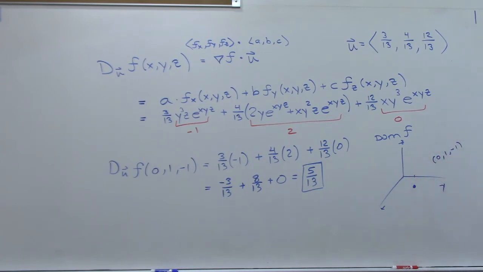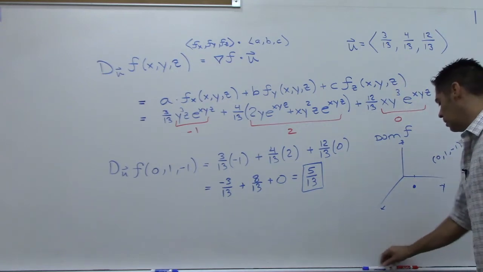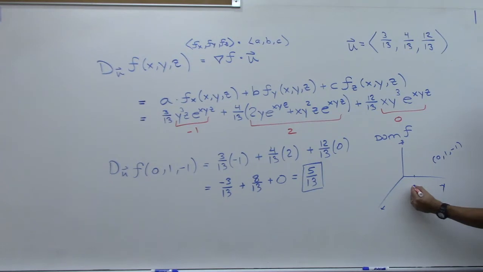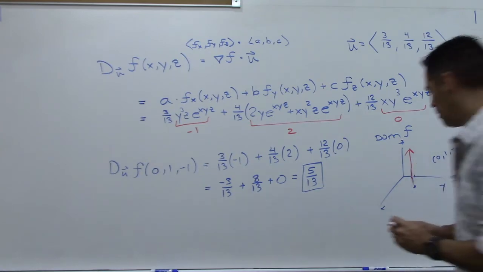And we're pointing in the direction of this vector. It's a three-dimensional vector, so we are pointing somewhere in three-dimensional space. I'm exaggerating it, okay? And it's not straight up. It could be in any direction.